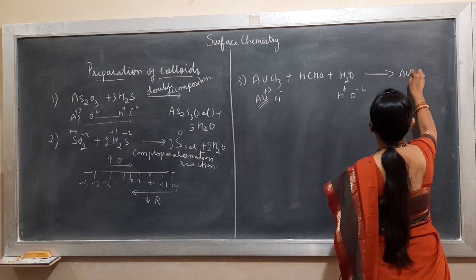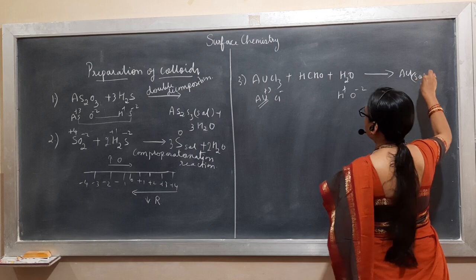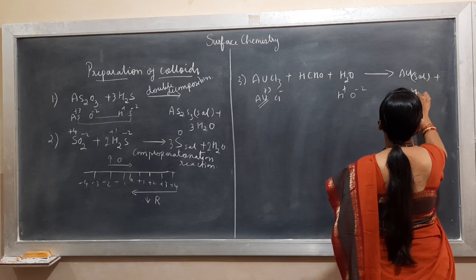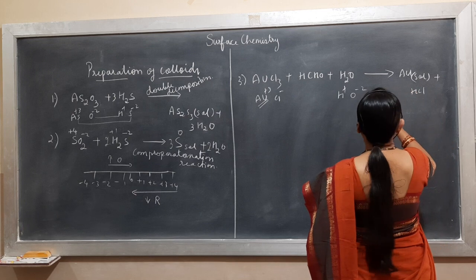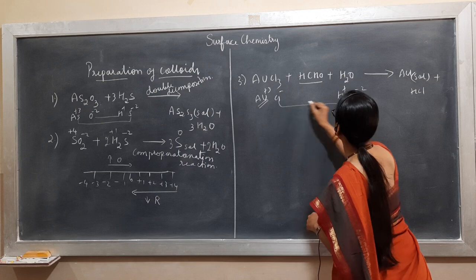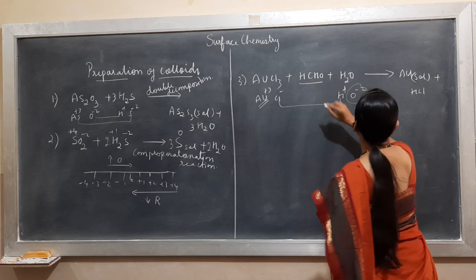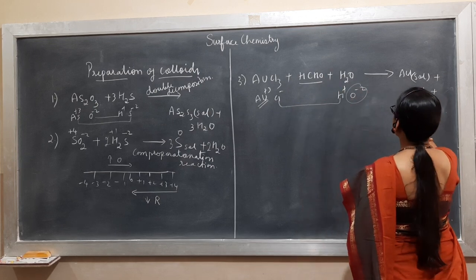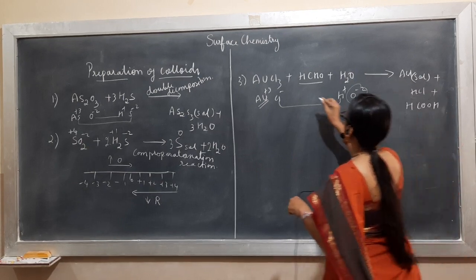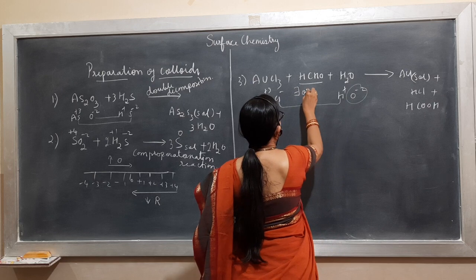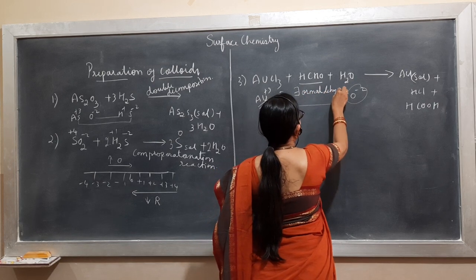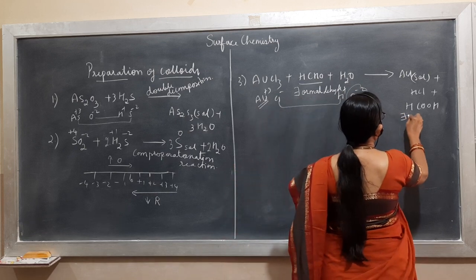So I'll write here gold sol, and then HCl is present on the reactant side, so HCl will be formed, and the other compound that is remaining, oxygen, will be remaining. What remains is oxygen. It goes and combines with formaldehyde to form formic acid. HCOOH is formed. That is right here. Formaldehyde and here formic acid.